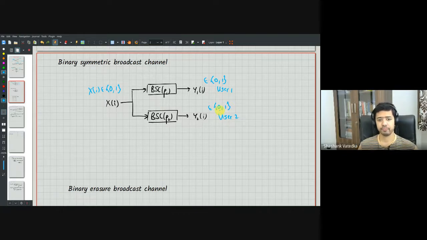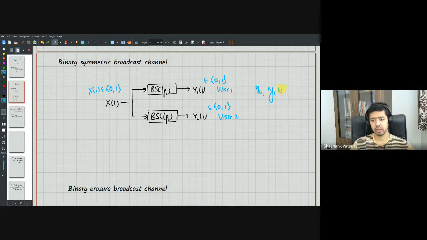Right. So in general, any broadcast channel essentially requires the following sets of parameters to be described: the input alphabet, the output alphabets.